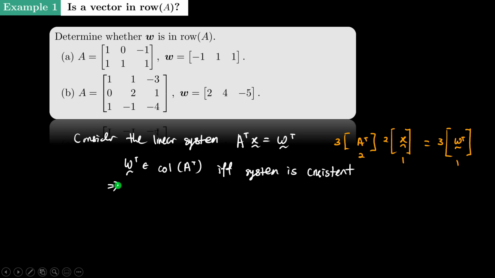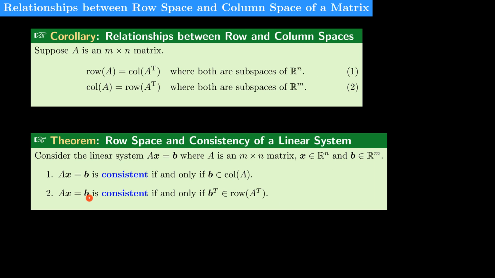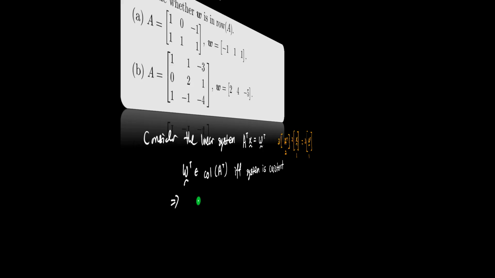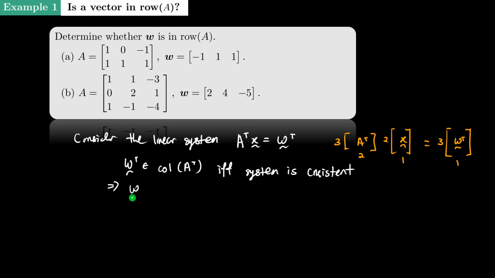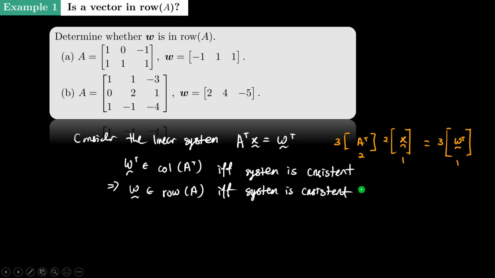So by point 2 above, the linear system Ax equal to B is consistent if and only if B transpose is in the row space of A transpose. You can say that W lies in the row space of A if and only if the system is consistent.